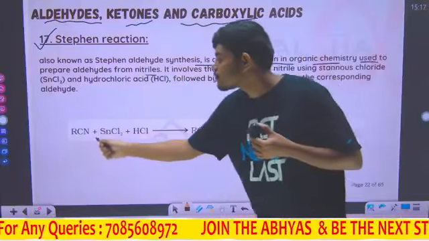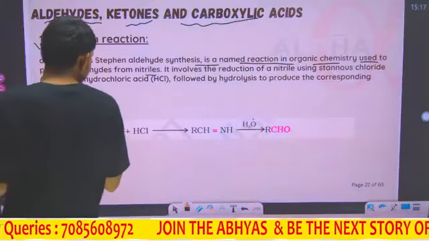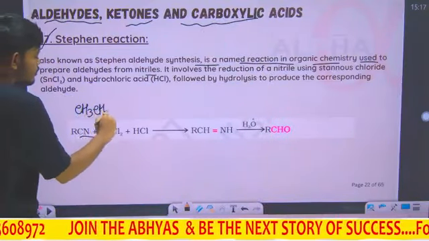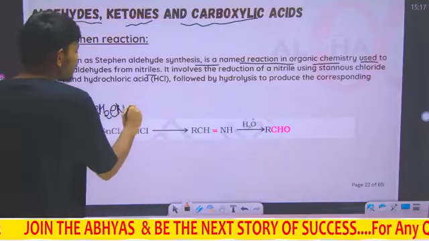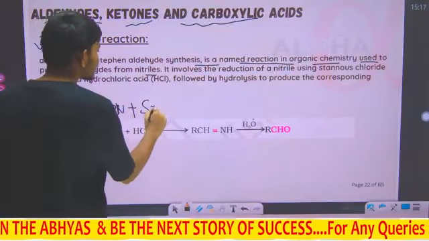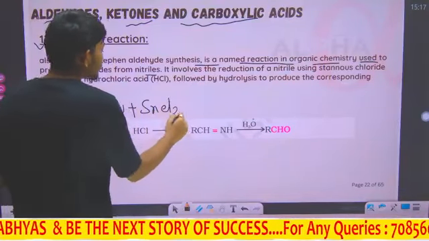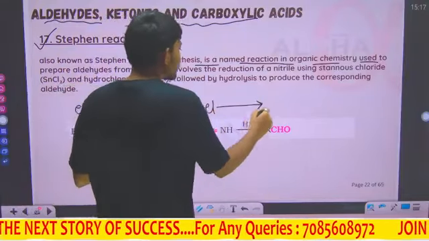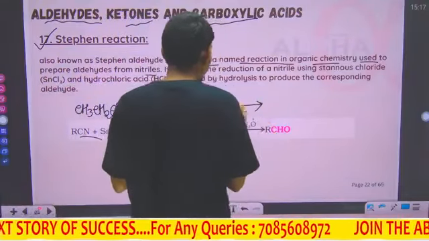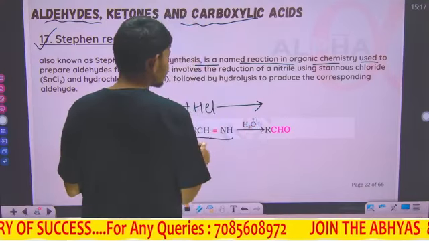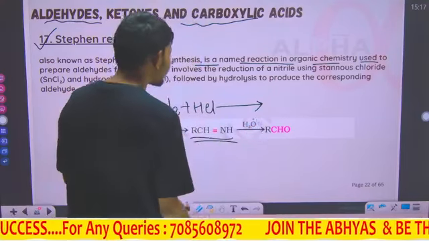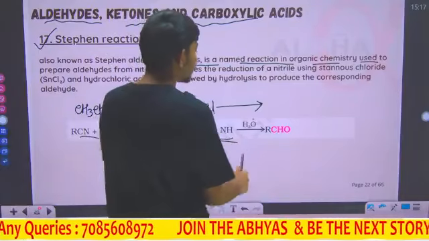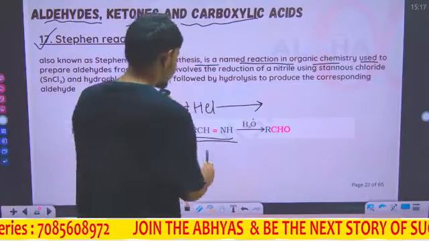This is your nitrile. Here R is given for reference. Suppose CH3CH2CN. What is the reagent? Learn this: SnCl2, stannous chloride, and HCl is your reagent. When you react it with both, you get, I can write in one step also, the amine group attached first, the NH group, and then after hydrolysis, the CHO group is introduced here.